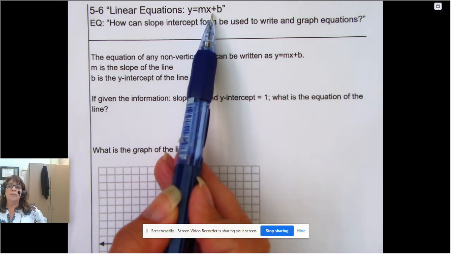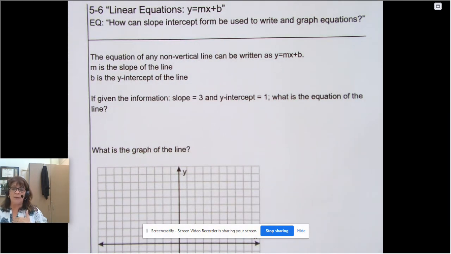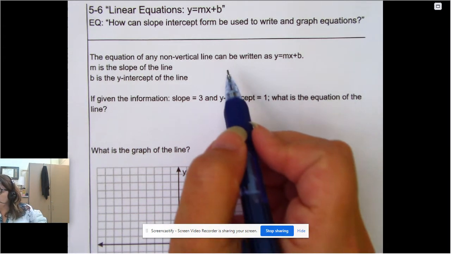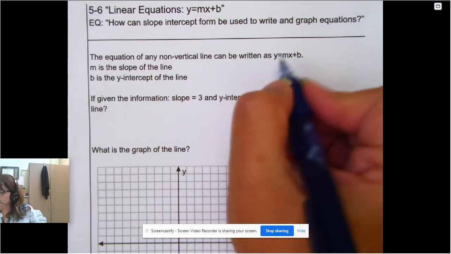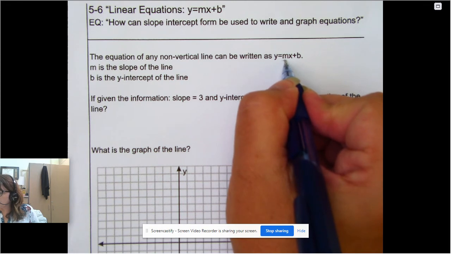I know in my class and in most of our 8th grade classes, we will also work with you on converting things from standard form to slope-intercept because slope-intercept is so useful.